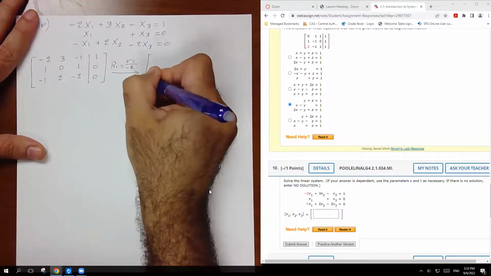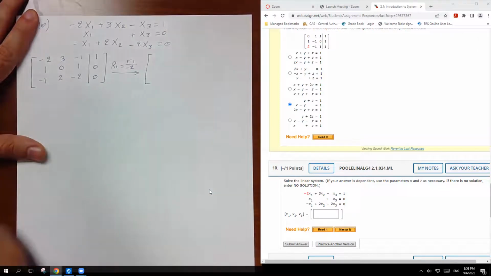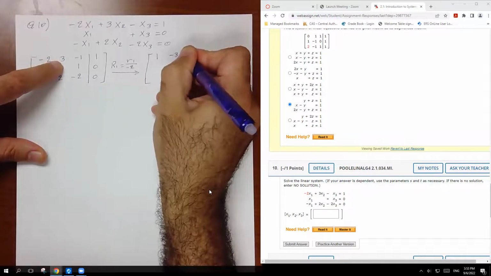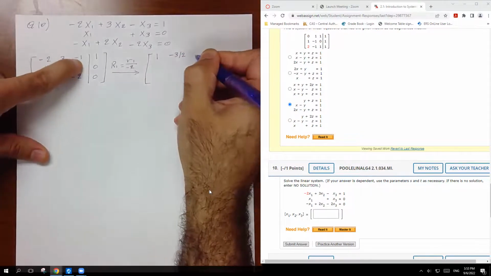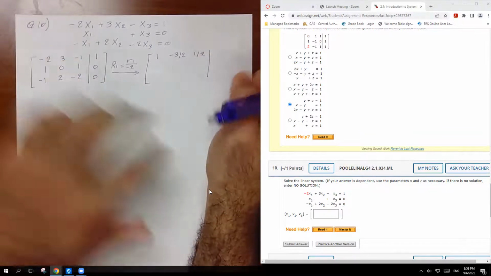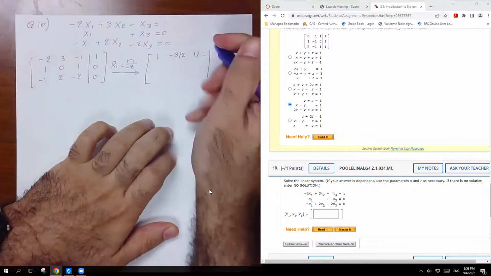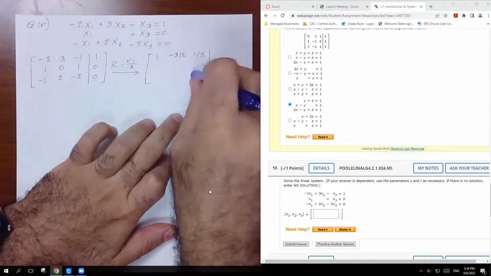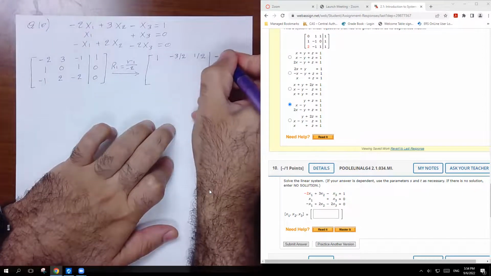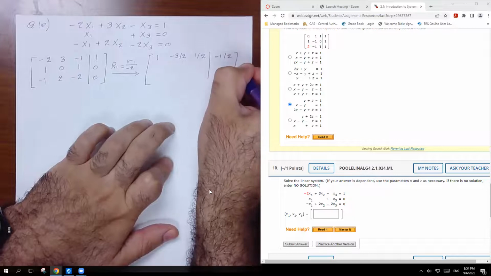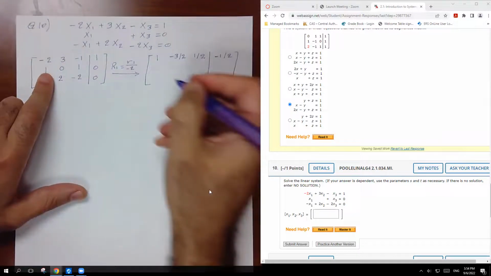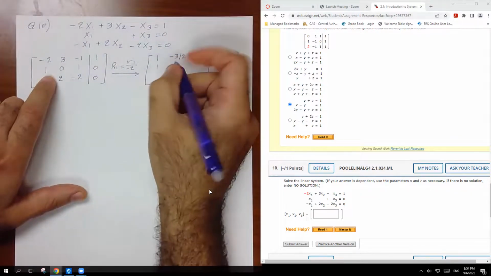So the result here is going to be -2 divided by -2 is going to be 1. Here is going to be -3/2. And here is going to be 1/2. And the next side is going to be 1/2, -1/2, -1/2. So this is the first step. Next step, I'm going to write down everything exactly the same.